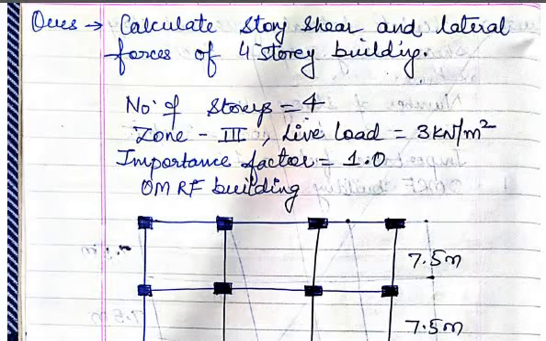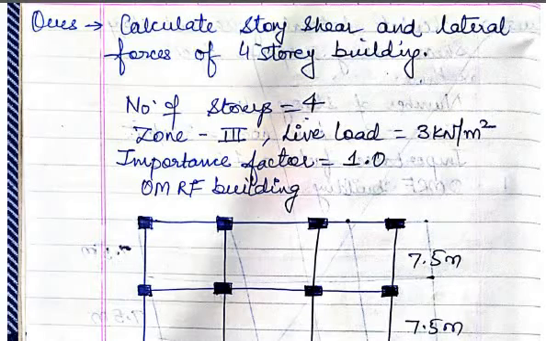If we are using the code 13920 for the ductile detailing of the structure, then our structure is in the category of special moment resisting frame. If we are not using the code 13920, then our structure is in the category of OMRF, that means ordinary moment resisting frame. We will do this in detail when I give you the video and teach you about the code 13920 in my coming lectures.